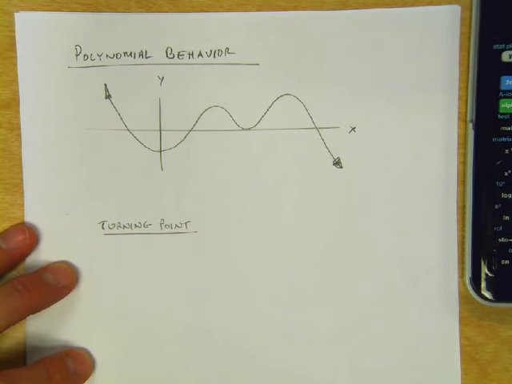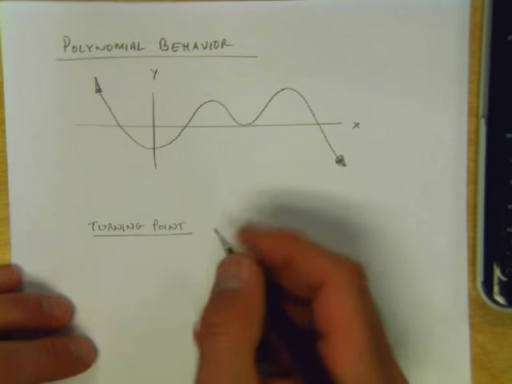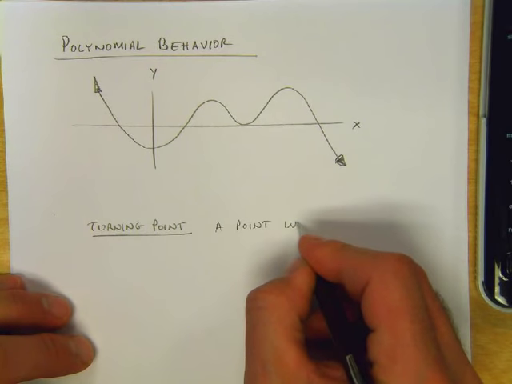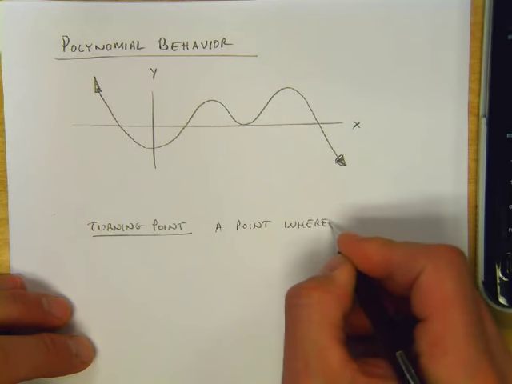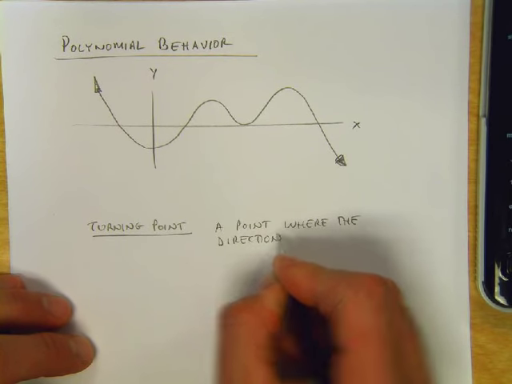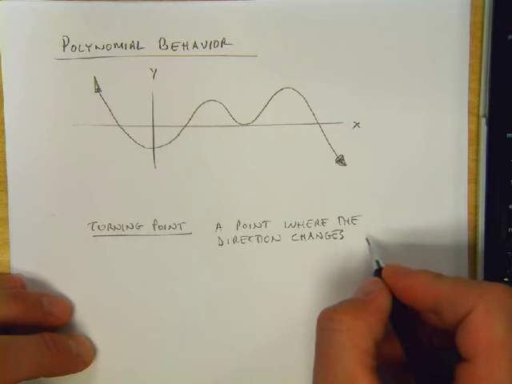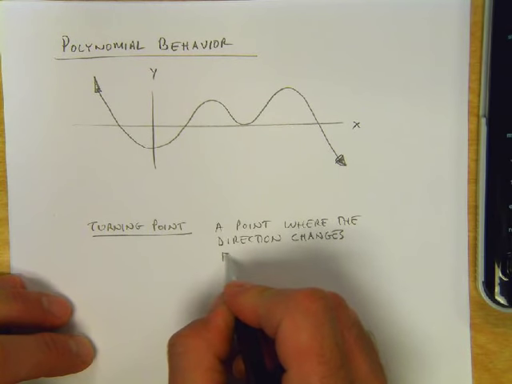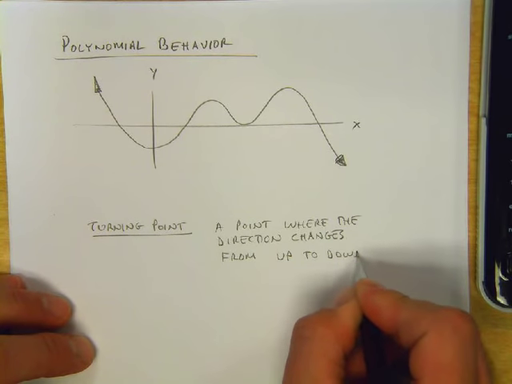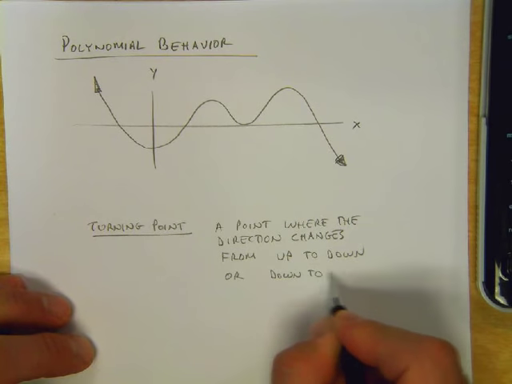The first thing that we need to know about is what is a turning point. And a turning point is a point where the direction changes from up to down or down to up.